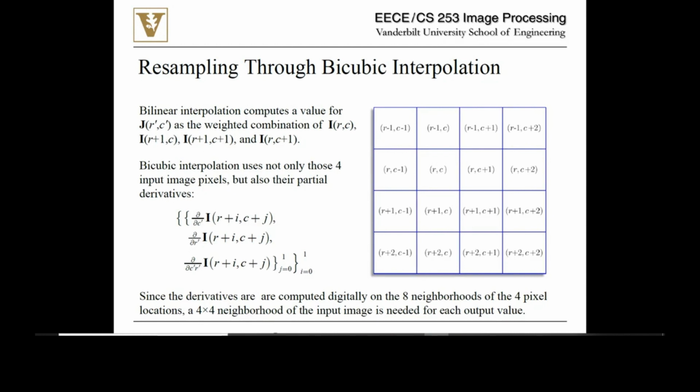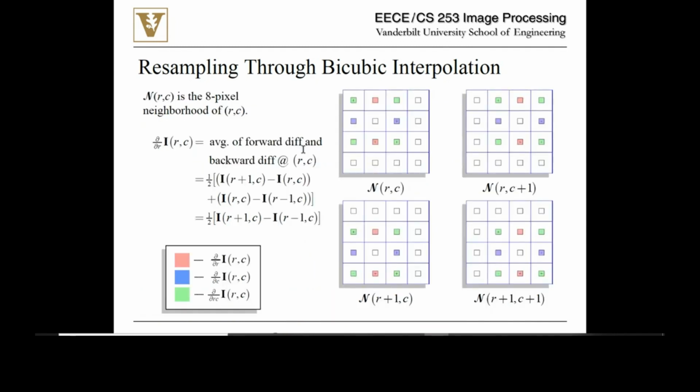Okay, so we will not get into the details, but this is what I have told you. If I want to estimate the derivative with respect to the rows, I need one sample from the top, one sample from the bottom. If you want to do it in columns, you need one sample from the left, one from the right.